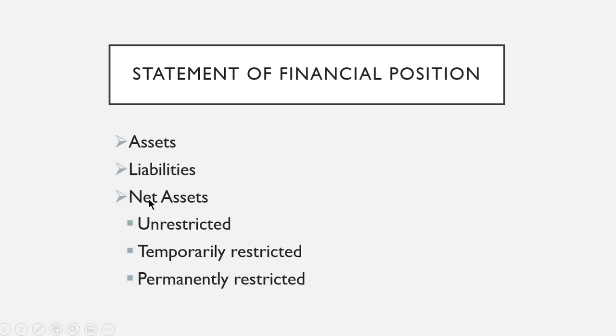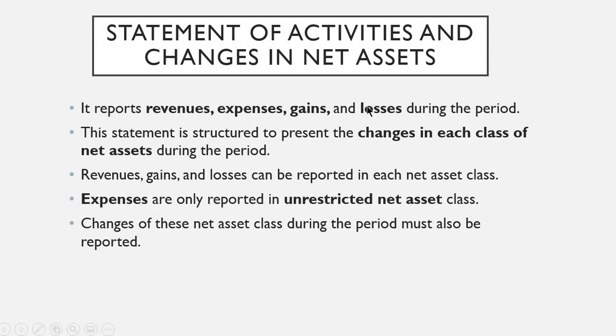The net assets in the statement of financial position of an NPO are further classified into three: unrestricted, temporarily restricted, and permanently restricted net assets. Now for the statement of activities and changes in net assets, this is the counterpart of the income statement or statement of profit or loss of business enterprises.